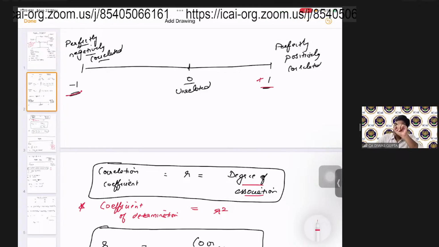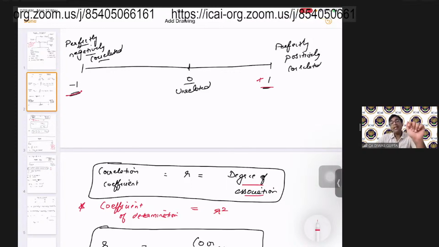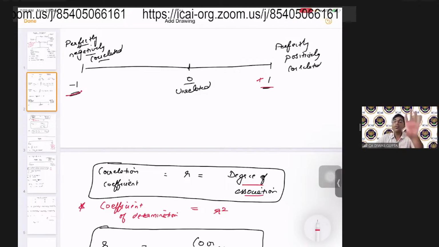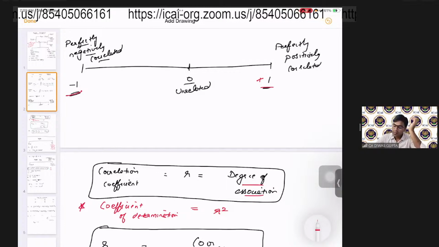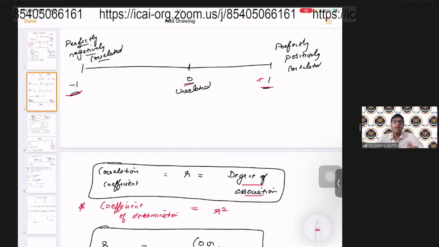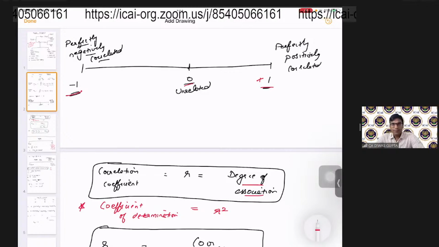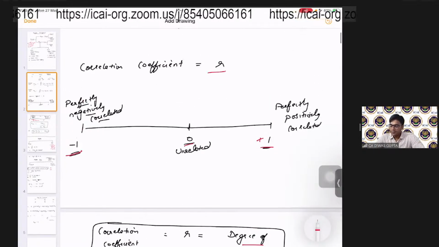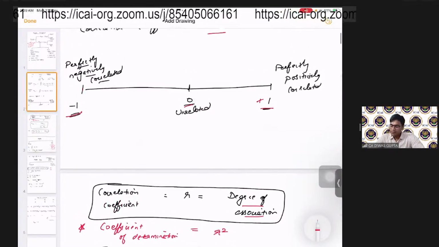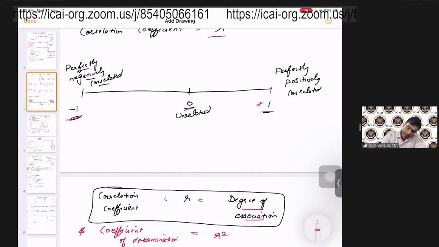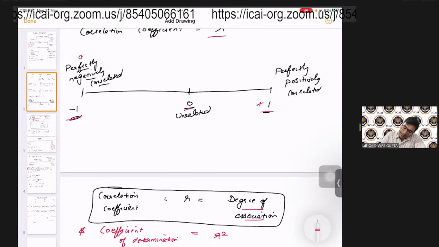Positive one means same direction and the extent is also very much similar. Zero means it is unrelated. So there is no relationship only. It can move in any direction. Okay. I hope this is clear, students. So this we call something as perfectly negatively correlated.